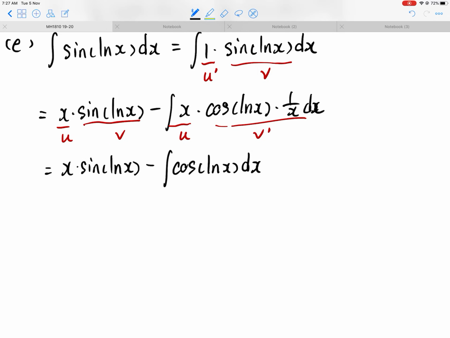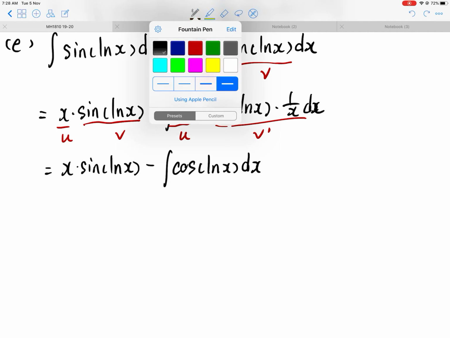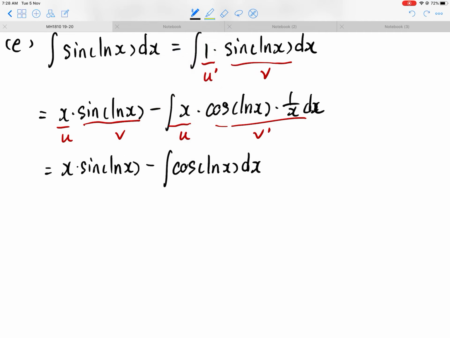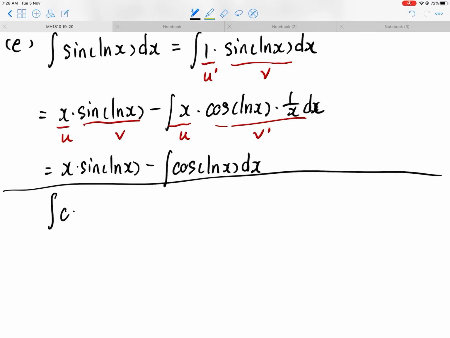You can see we have to deal with this integration, and we start from here. Let's use integration by parts one more time. So we stop here and deal with this integration. What is the integration of cosine ln x? Same method, you can treat it as 1 times cosine ln x dx.